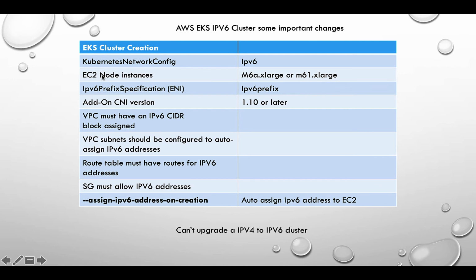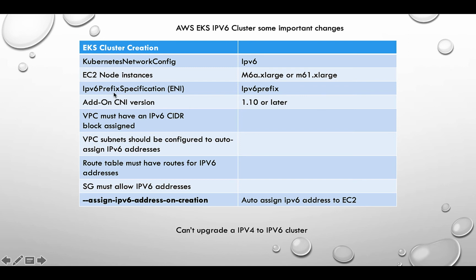Then the node instances, the EC2 instances on your worker node group, will still use IPv4 networking, but they should be M6A or M6I extra large only, because they have support for v6 too, since communication between pods across two nodes has to have support for that.